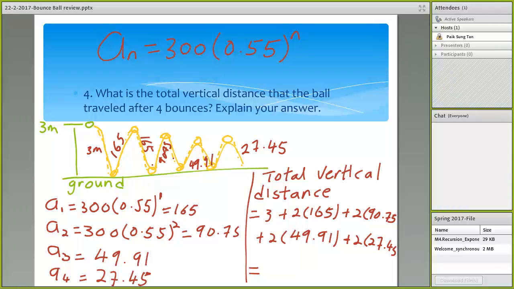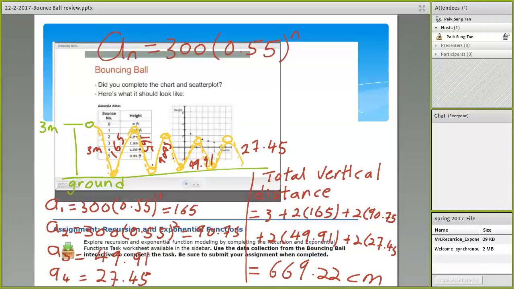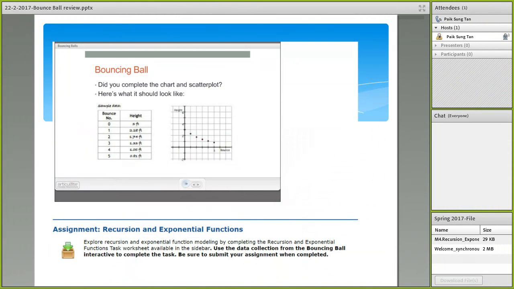Once you calculate that, it is 669.22 centimeter. Okay, so you can give me the answer in centimeter or meter.